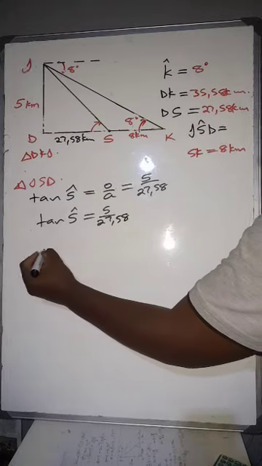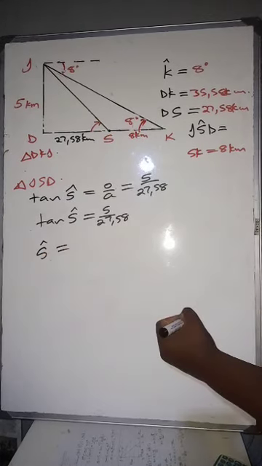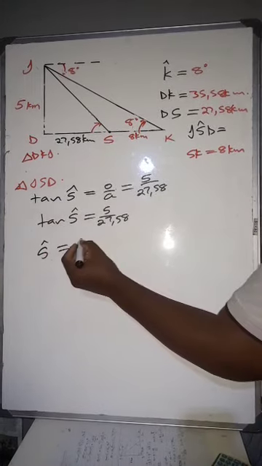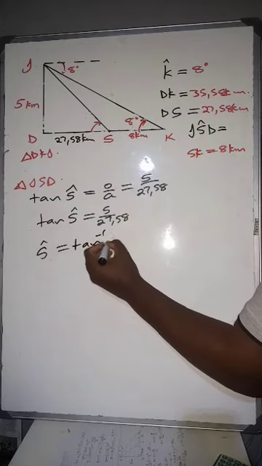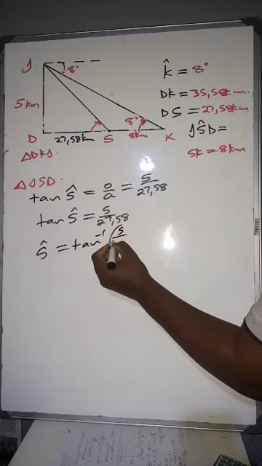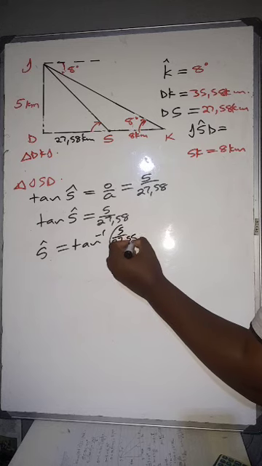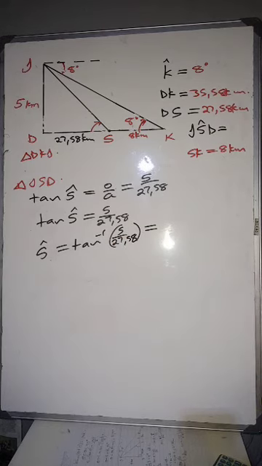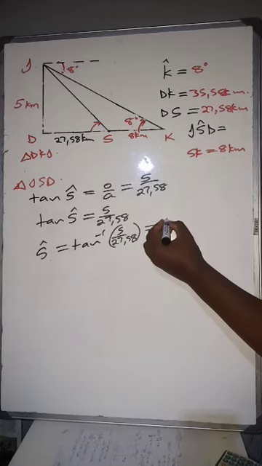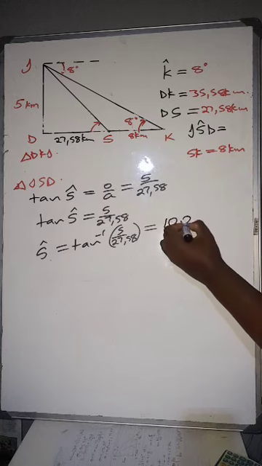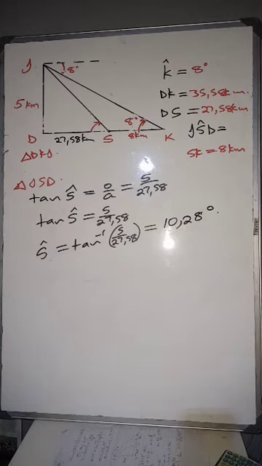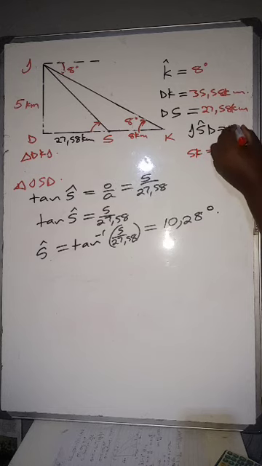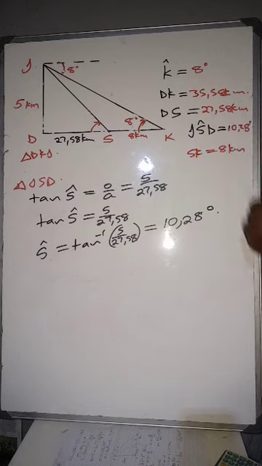And then to get angle S, that is going to be the second function of tan, 5 over 27,58. And this gives us 10,28 degrees. So JSD is 10,28 degrees, right?